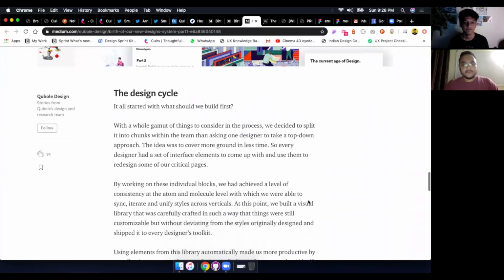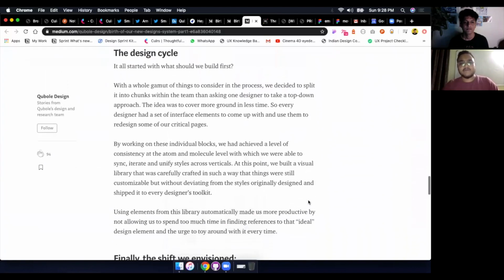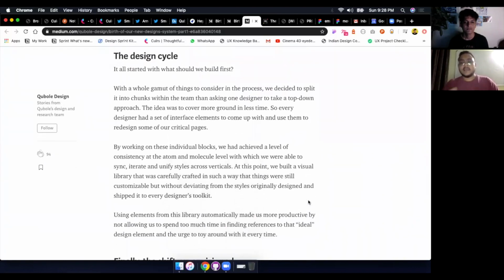And I wrote about the design cycle: what the critical pages are, the decision making pages, and where exactly the page layouts should look equal. Ideally we were also looking for interface elements, so that at least these basic things should be right.